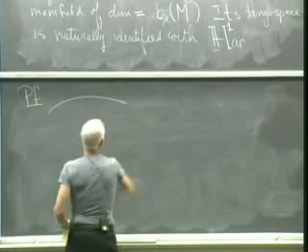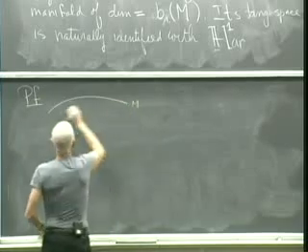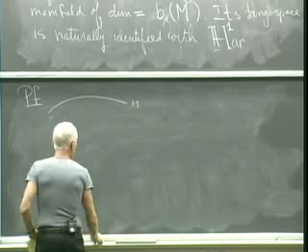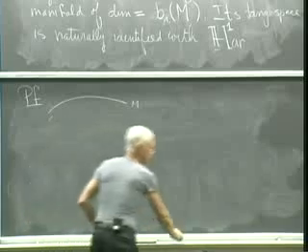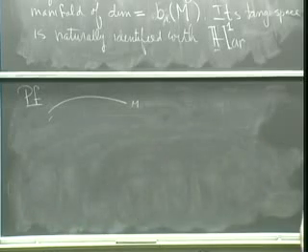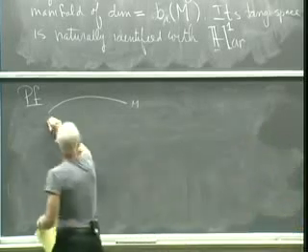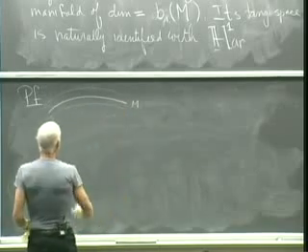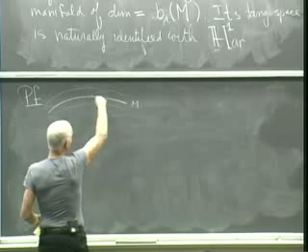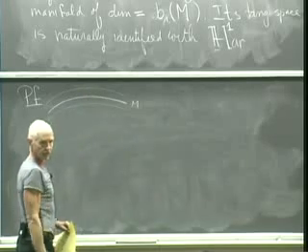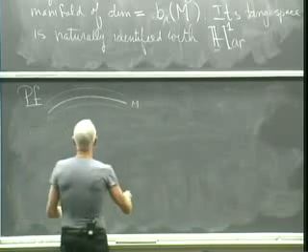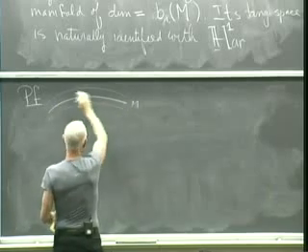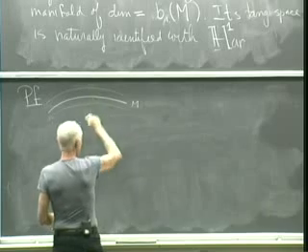Here's the submanifold, M. There's a neighborhood of this submanifold with the property that the exponential map from the normal bundle is injective. So there's a neighborhood in the normal bundle and a neighborhood of the manifold such that the exponential map is a diffeomorphism between the two.